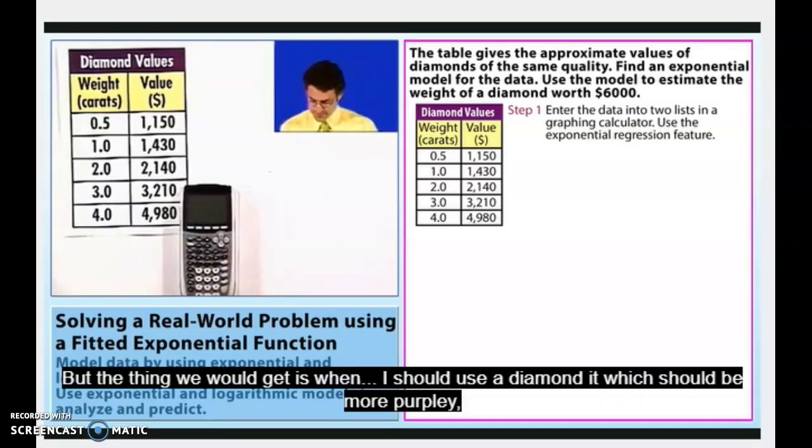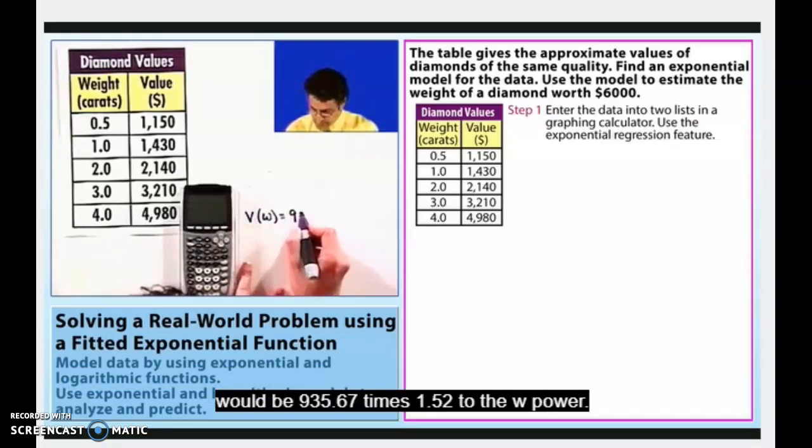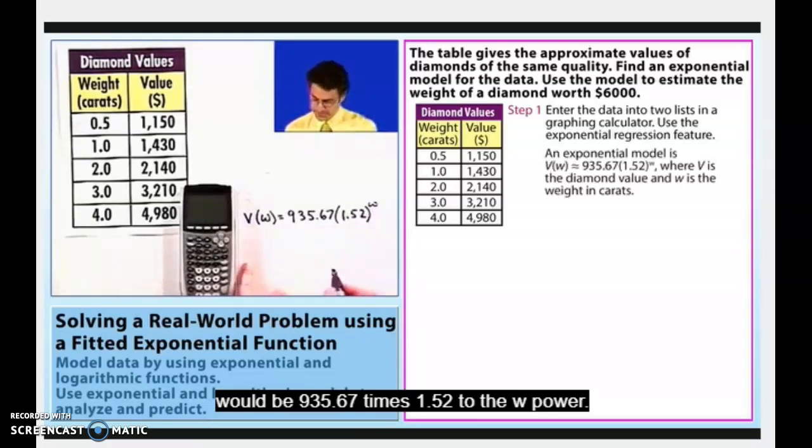The thing we would get is that the value, given the weight, would be 935.67 times 1.52 to the W power.